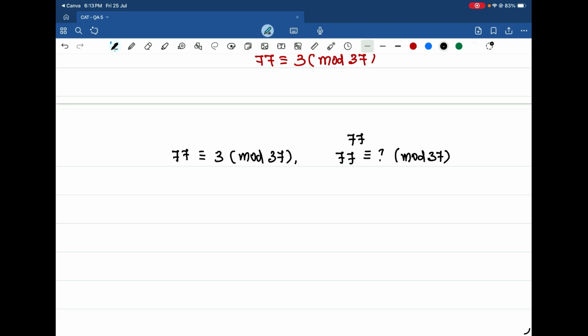This will be 3 to the power of 77, equivalent to 3 to the power of 77, because the remainder takes the same power, mod 37.